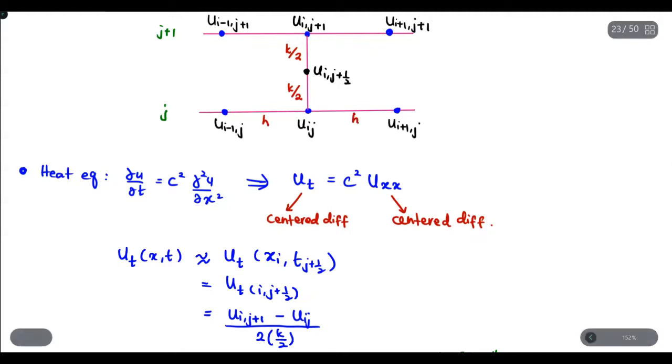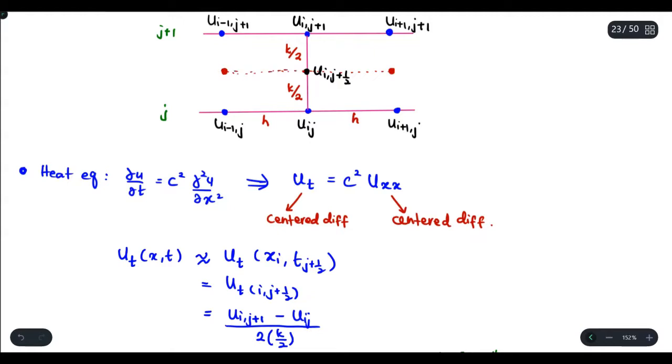So by right, if you want to have the u_xx at u_(i,j+1/2), you are considering this node somewhere here at your right, and also this node somewhere here at your left.